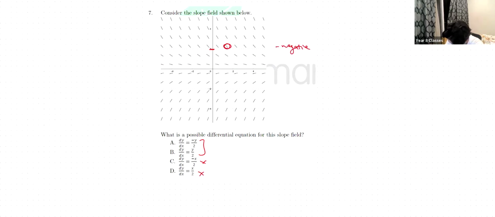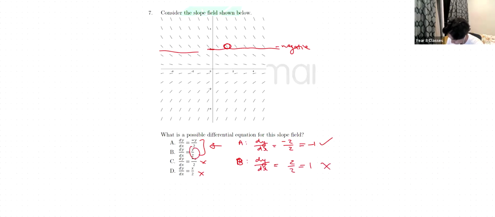If I look at a, I get dy/dx equals negative 2 on 2 at the point where y equals 2, which gives me a slope of negative 1, which checks out. If I look at b, I get y on 2, so 2 on 2, which is positive 1, which doesn't check out because, as you can see here, my slopes are negative, not positive.